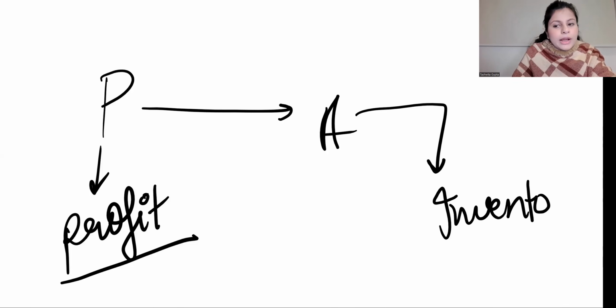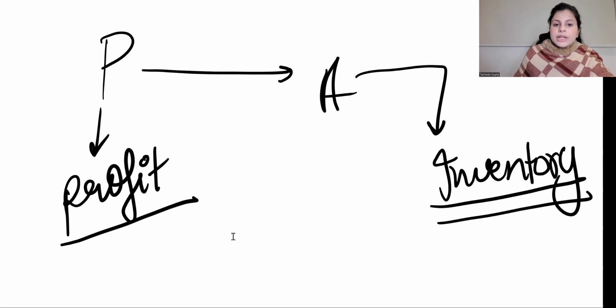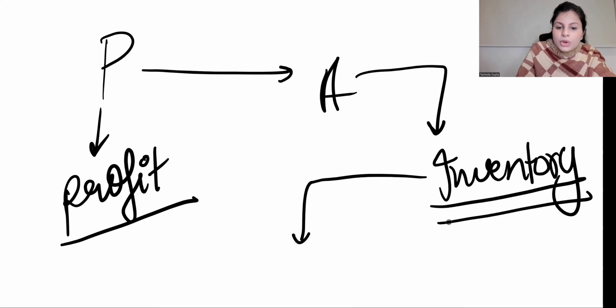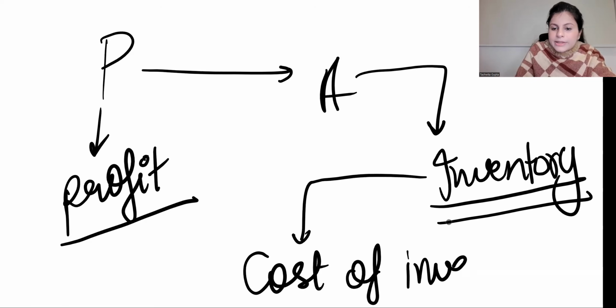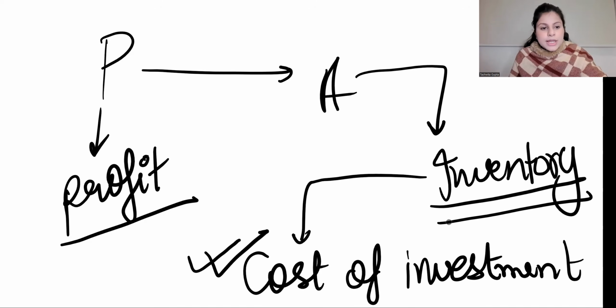Do I record associate's inventory in my group financial statements? No. I just show in my balance sheet, with regards to my associate, the cost of investment in associate, right? That's the only thing I have in my balance sheet with regards to associate.